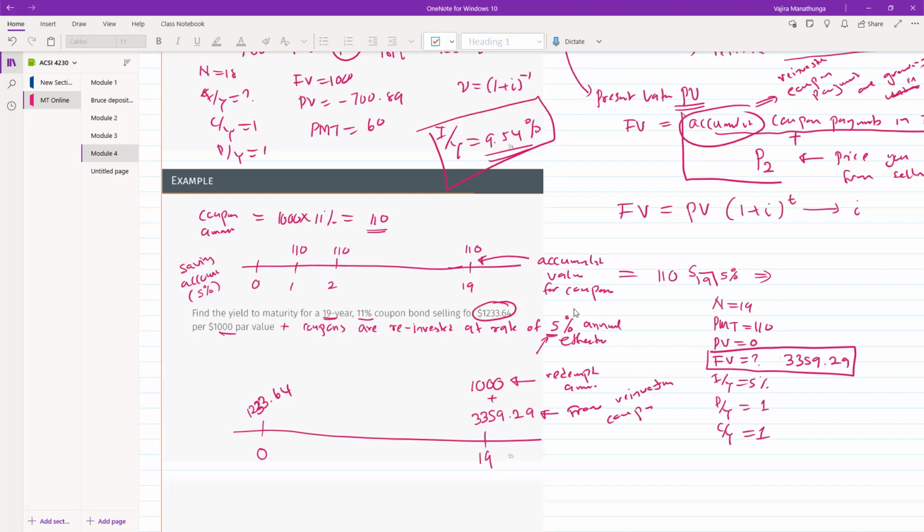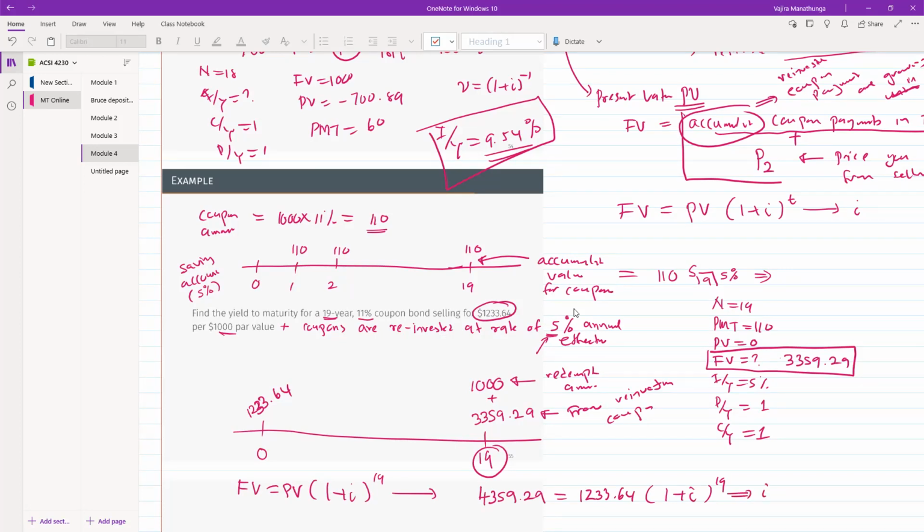Okay, so now you can see the present value. If I write future value equals present value times (1 + i) to the 19, then from here, adding these up, the future value is 4,359.29, equal to 1,233.64 times (1 + i)^19. From here I can get i.